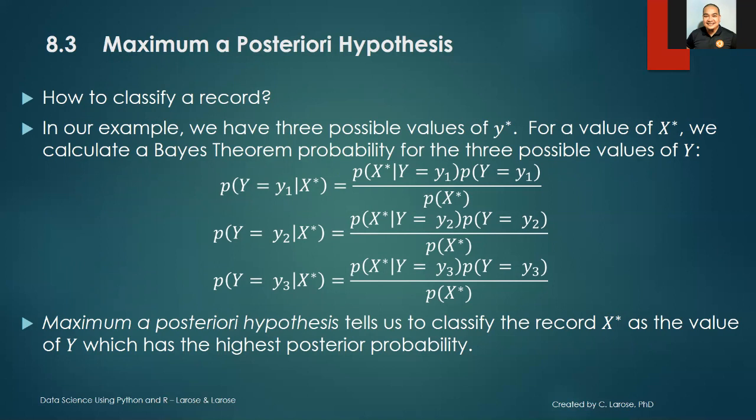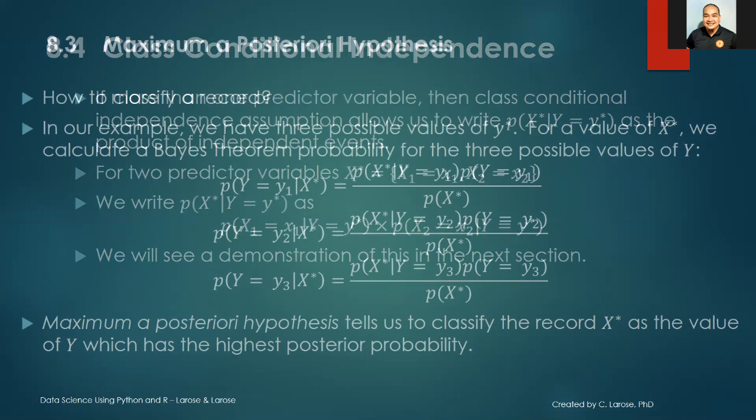The maximum a posteriori hypothesis tells us to classify the record X asterisk as the value of y which has the highest posterior probability. In other words, choose the class value of y that corresponds with the largest of the three posterior probabilities we calculated.